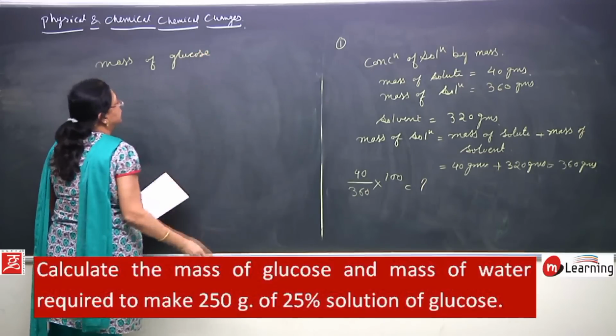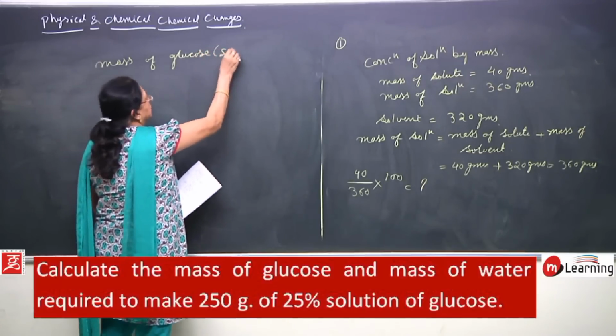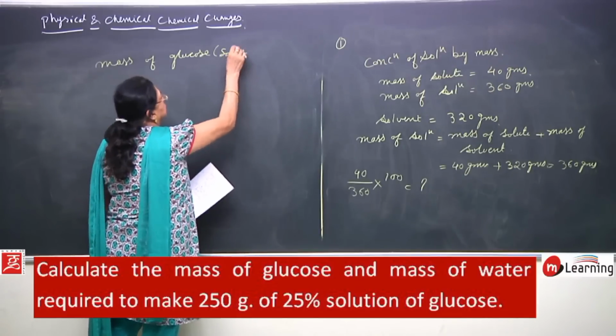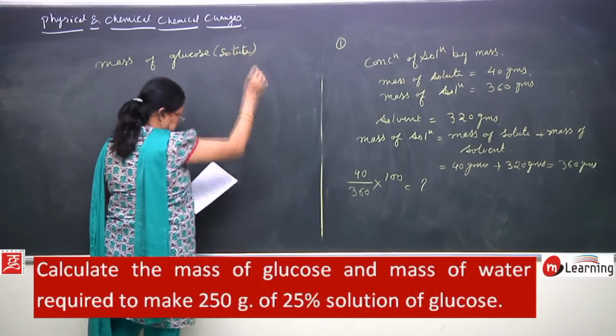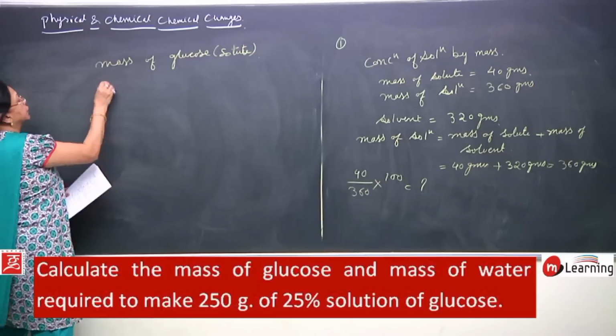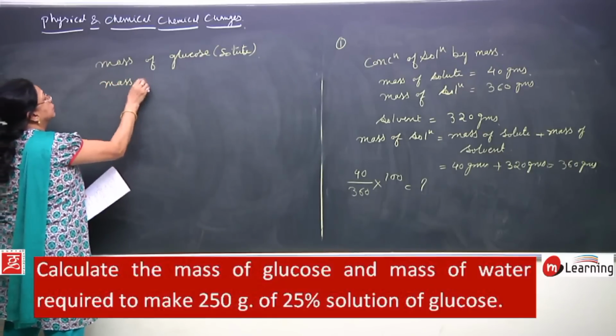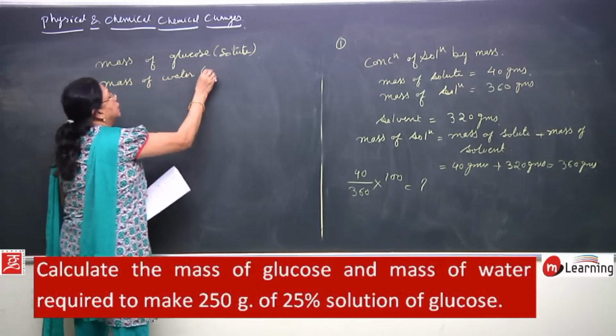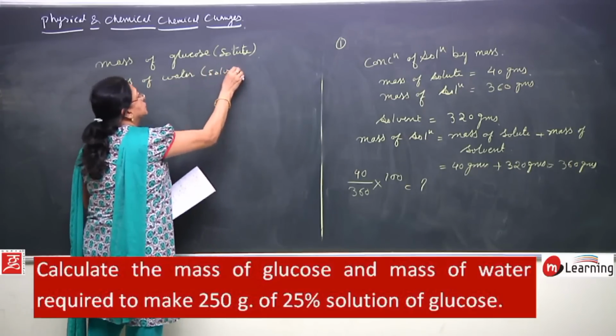What is glucose here? This is solute. And you have to calculate mass of water. What is water here? It is solvent.